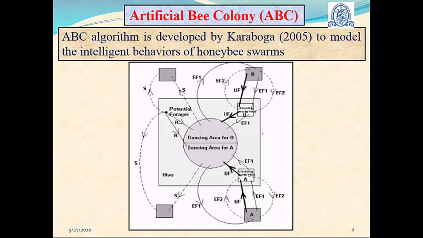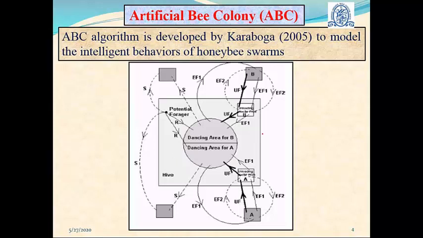What is an employed bee? An employed bee has already discovered a food source and is on the job of collecting that food. Whereas onlooker bees are presently not assigned to any food source, but they are in search of one.